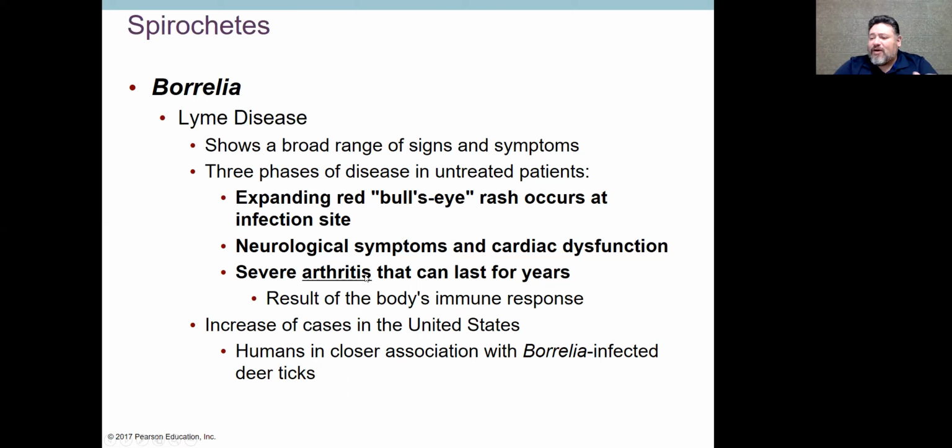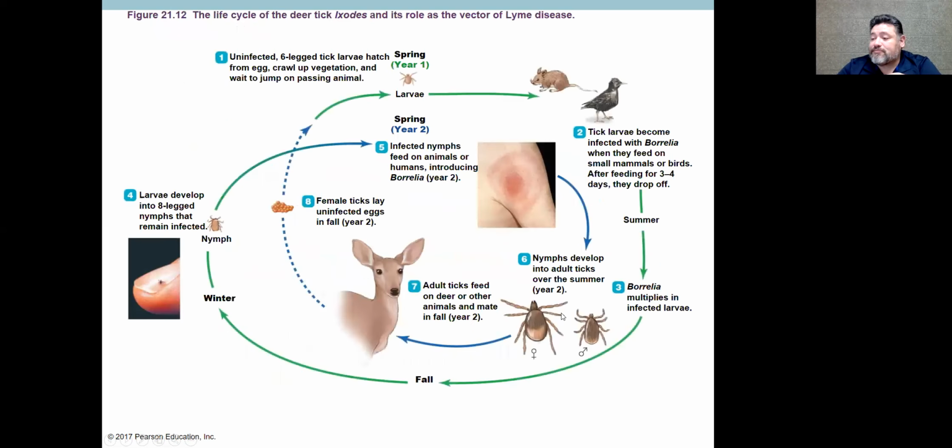So this is something that can manifest upon getting the infection. Again, this is an autoimmune effect, and consequently, it can last the rest of the lifetime of the individual.